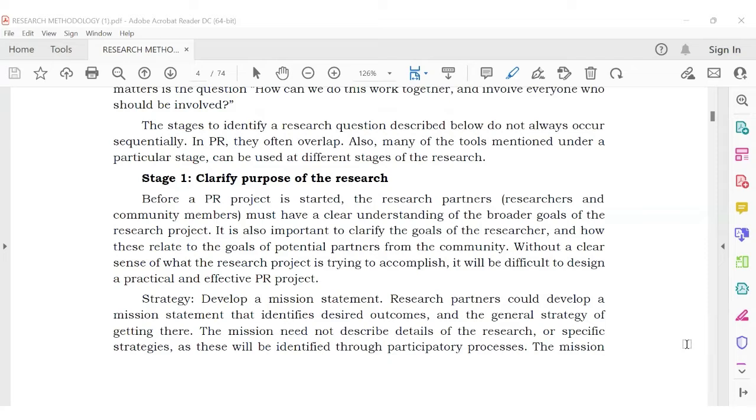So what population are you talking about? Suppose my topic would be how this war might be affecting the direct beneficiaries of the public health programs in the Indian scenario. Is it clear to everyone? Yes, sir. Okay, so this is one of the important aspects.